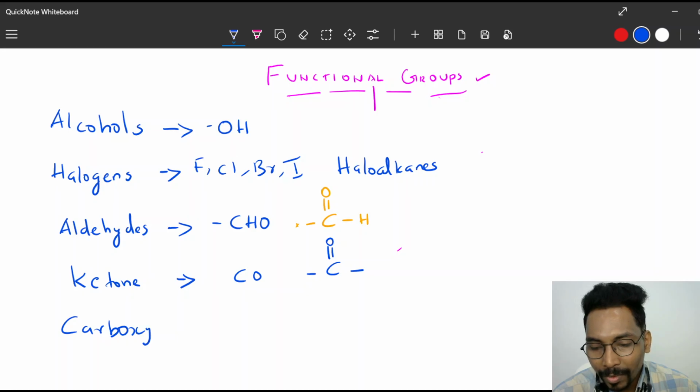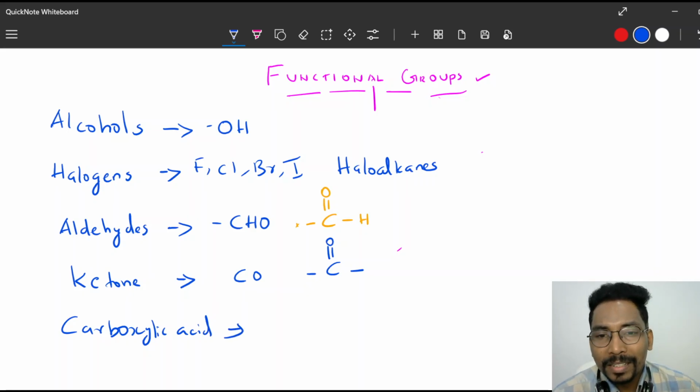Then the next one, the very important one, carboxylic acid. All of you know about acids, right? We have two different types of acids, mineral acids and carboxylic acids. Mineral acids means the normal acids like hydrochloric acid, sulfuric acid, nitric acid and all.